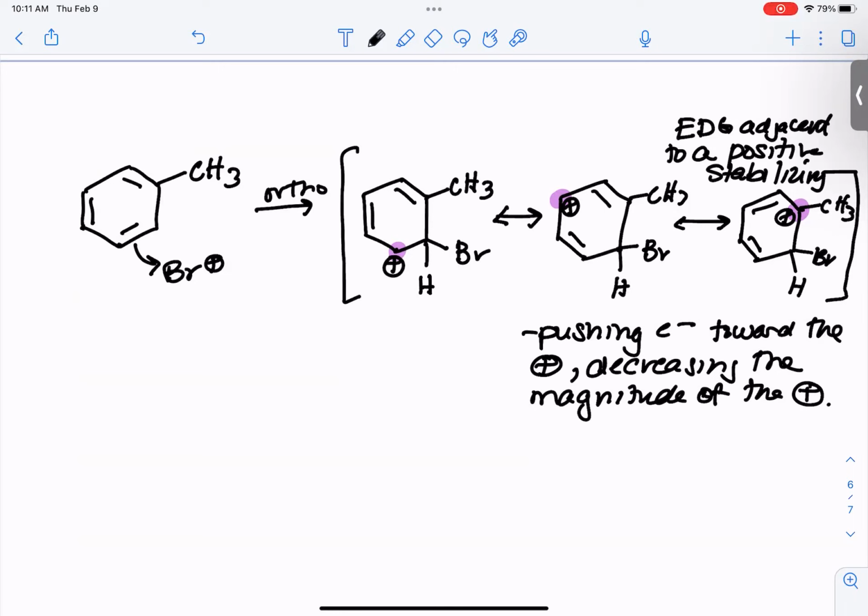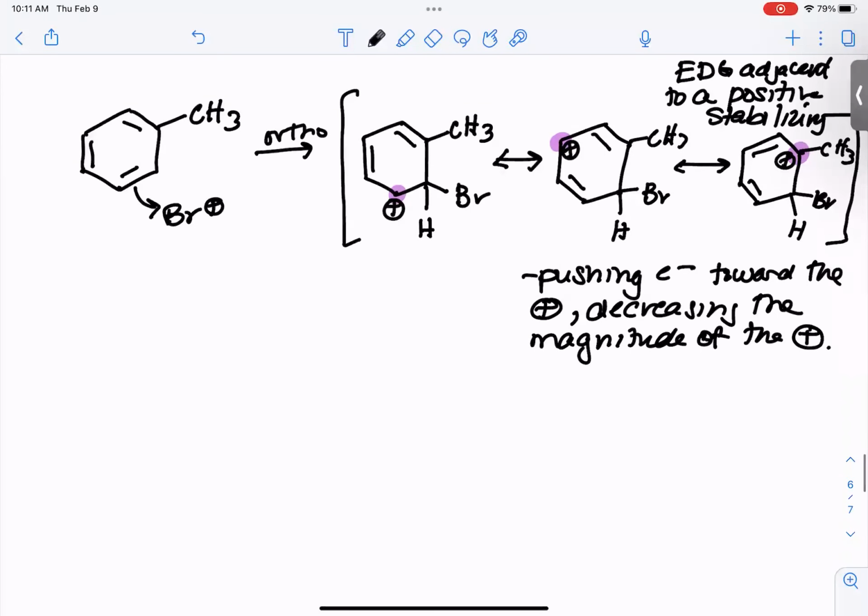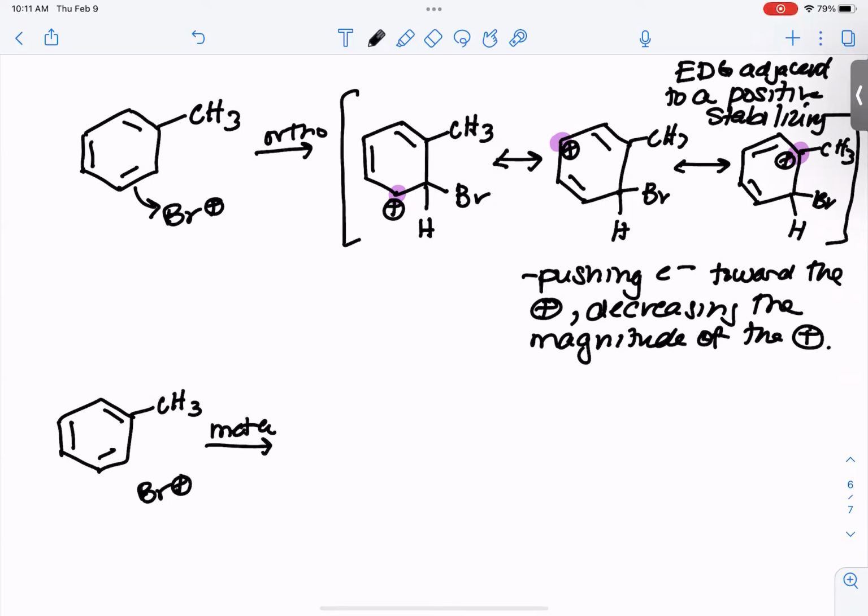All right. Now we're going to do this for the meta position. So again, my pi electrons go after the bromine. And so now my bromine adds meta to that methyl group. So then I get the positive charge ortho.